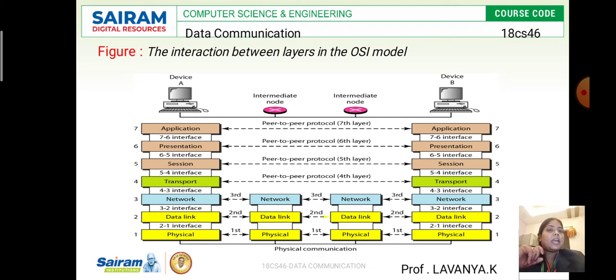Then the data is transferred to the network layer, which converts the segments received from the transport layer into packets. After the network layer, it moves on to the data link layer, which converts the packets into frames. Then it moves to the physical layer, which converts the frames received from the data link layer into a stream of bits, or a bit stream. Both are the same.